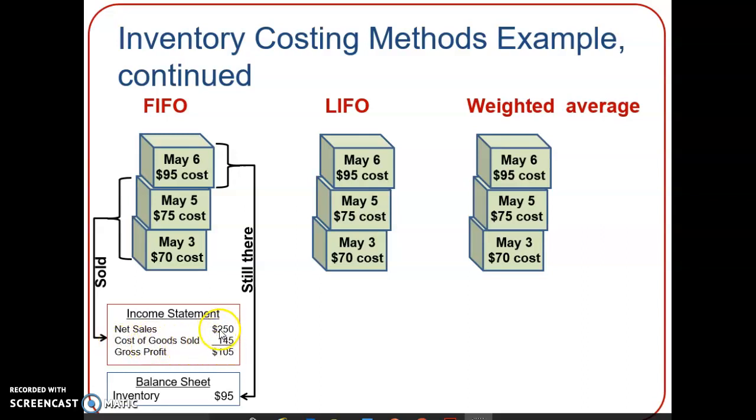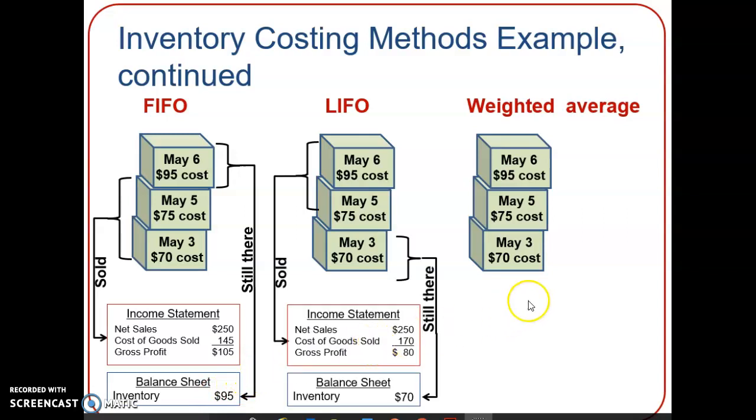And those become part of the cost of goods sold. We sold them for $250 for 2 units. The cost of the 2 is 70 plus 75 equals 145, so the gross profit is 105. The last one, under the FIFO system, because the first one goes out, first in, first out, will stay on the balance sheet as the ending inventory. The LIFO is the opposite.